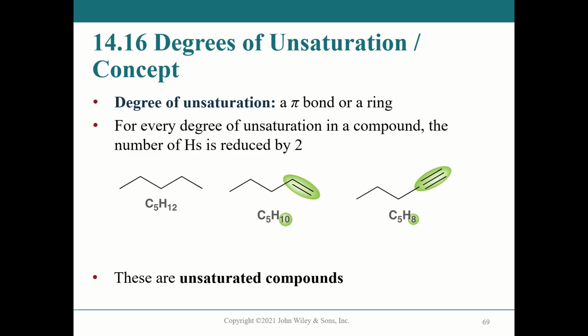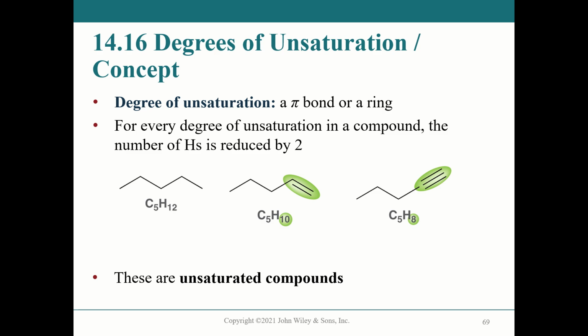Now, if you have a triple bond, that would be 2 degrees of unsaturation. That's the same if you had 2 rings, a ring and a double bond, 2 double bonds. But a single triple bond has 2 pi bonds in it. Each one is a degree of unsaturation. So if we take a 5 carbon molecule, the maximum number of hydrogen it can have is the number of carbon times 2 plus 2, getting us to 12 hydrogen.